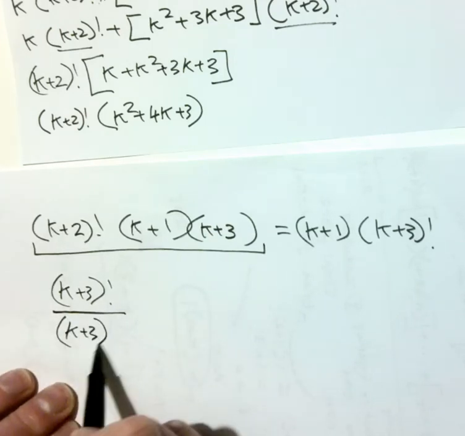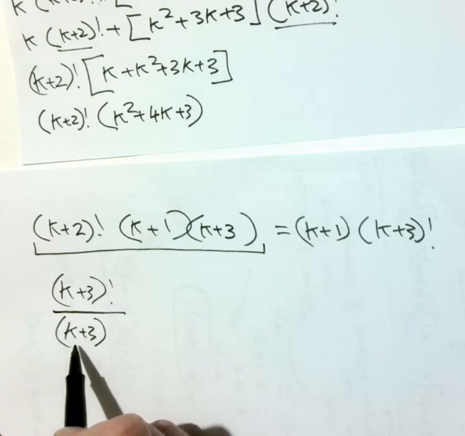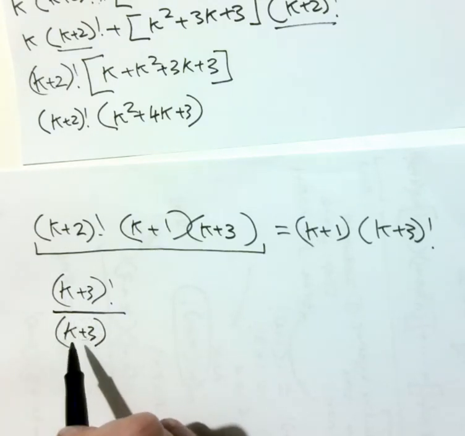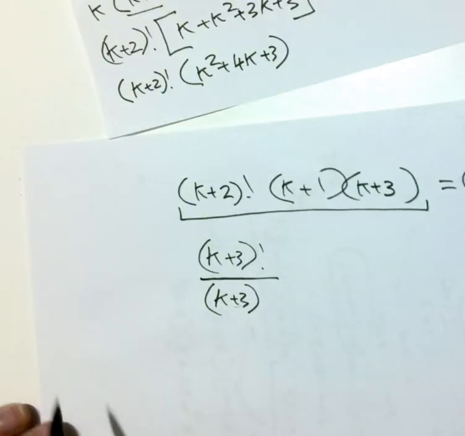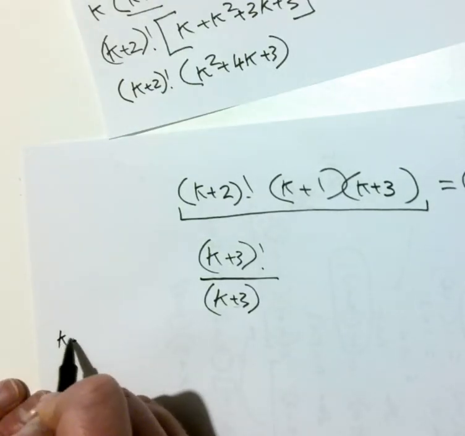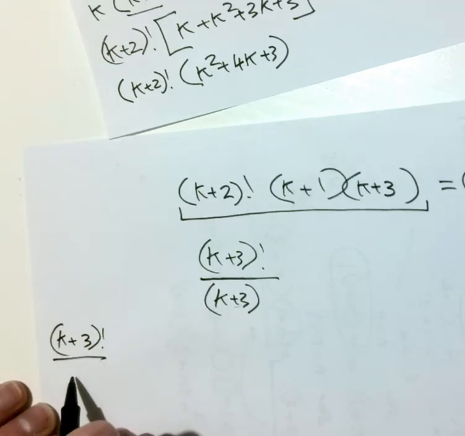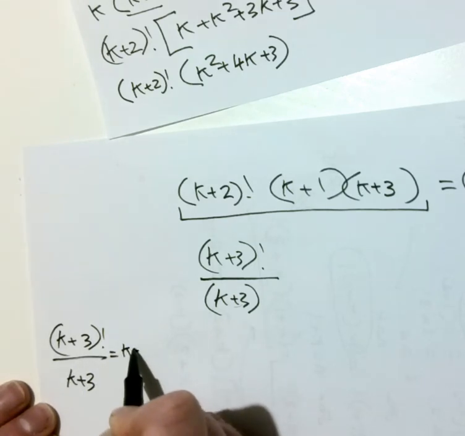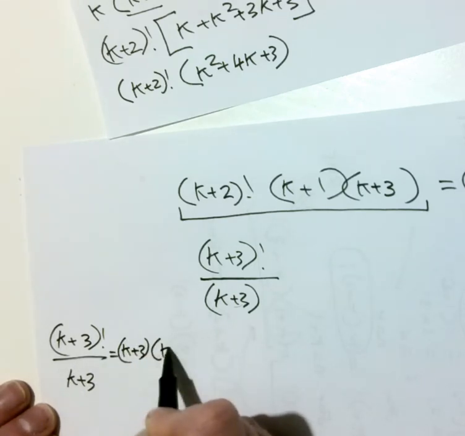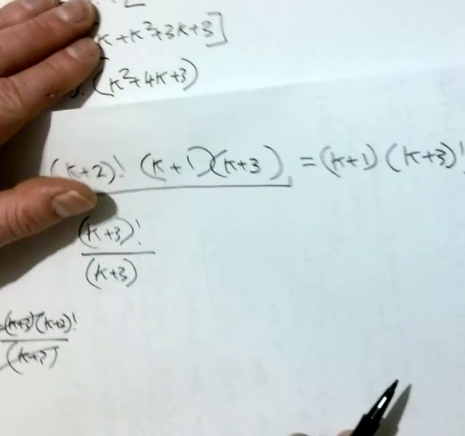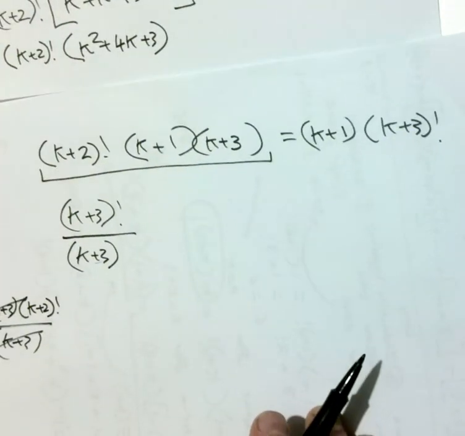And if you work that out, you'll see that's correct. Let's do that in the margins. So k plus 3 factorial over k plus 3 is k plus 3 times k plus 2 factorial all over k plus 3. That goes. So we are nearly there.